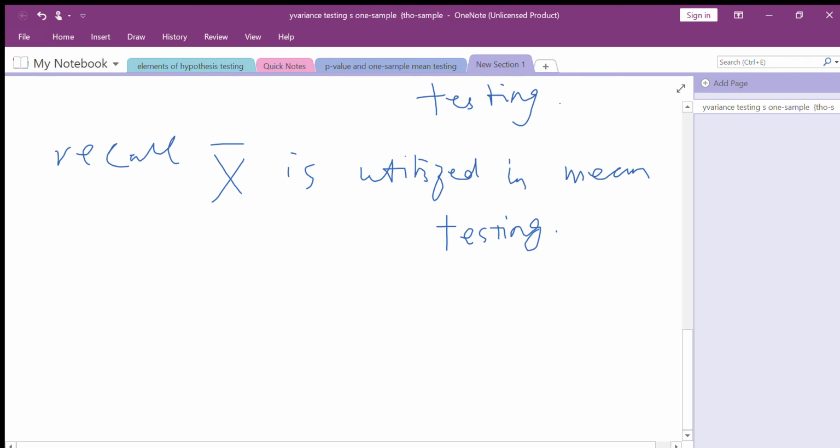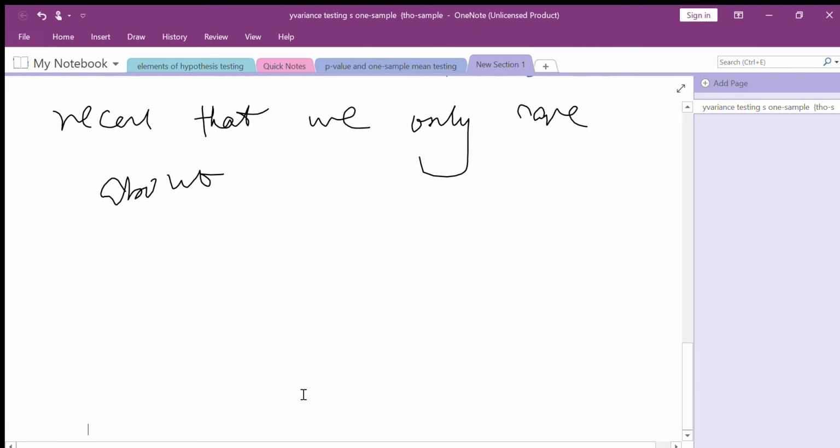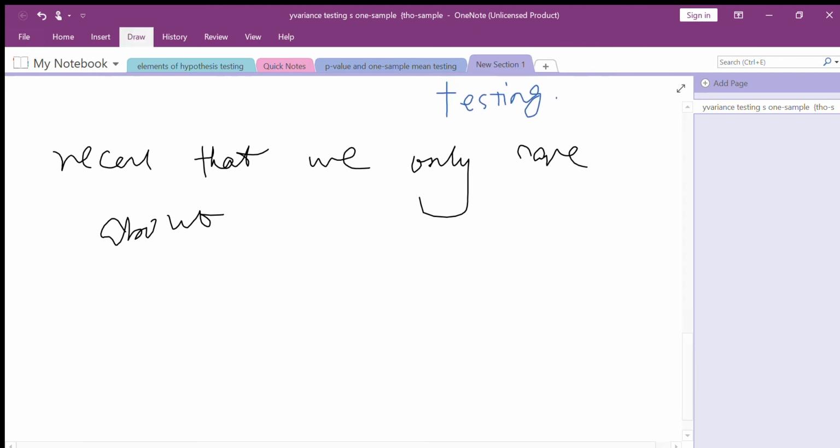And recall that this is the key: we only care about the equal sign in H null.